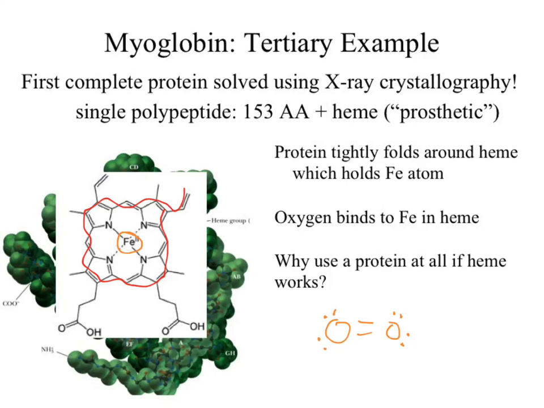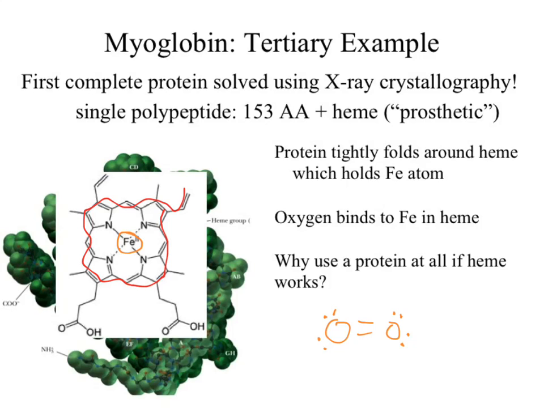So then that kind of begs the next question. If oxygen already binds to the iron in heme, why do we have a protein at all if the heme actually works to hold the oxygen? A couple answers we could come up with on this. Wouldn't you need it to be hydrophilic and transfer? The heme needs to be water soluble so that it can float through the bloodstream.